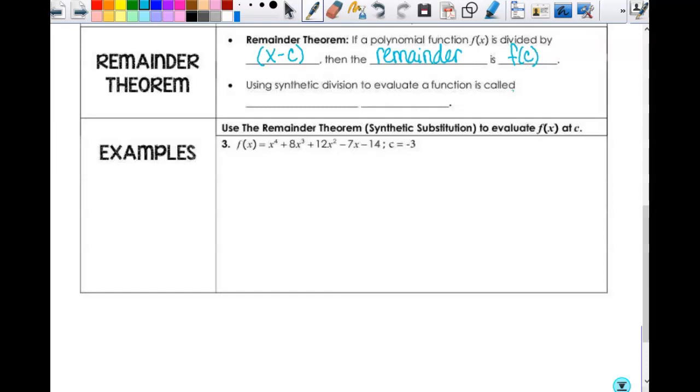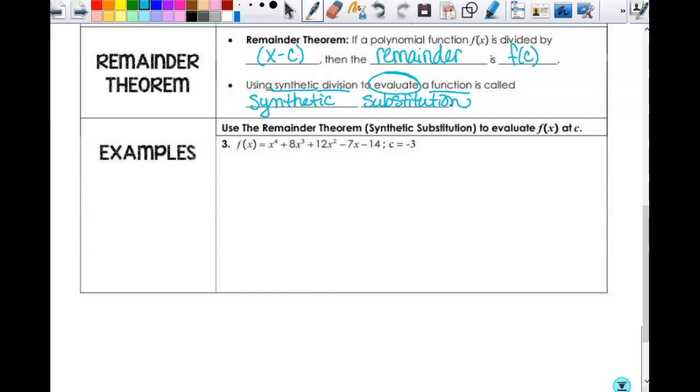You're basically evaluating it at that number. So using synthetic division to evaluate a function is called synthetic substitution. Okay, synthetic substitution. All right, easy enough?